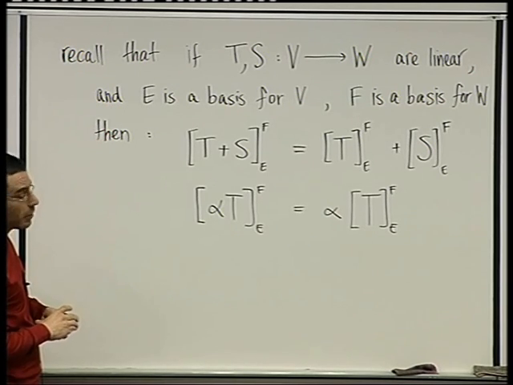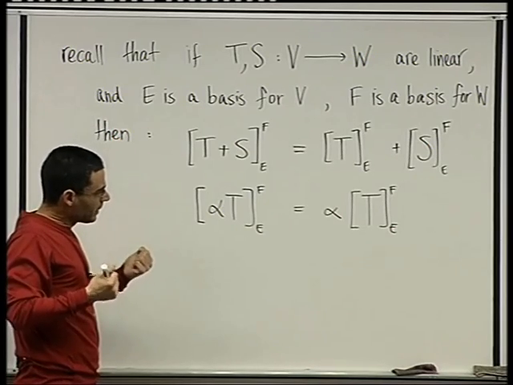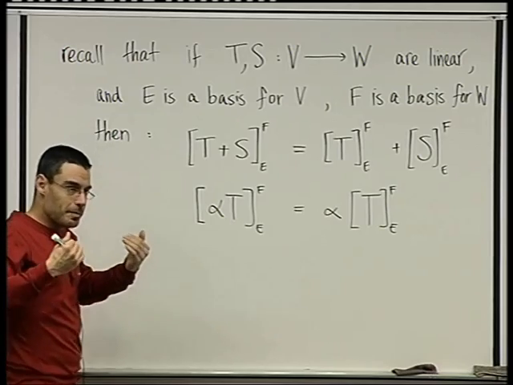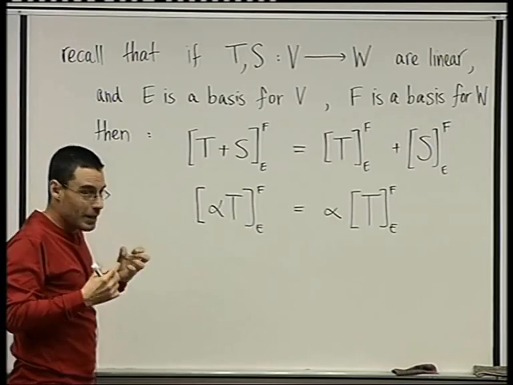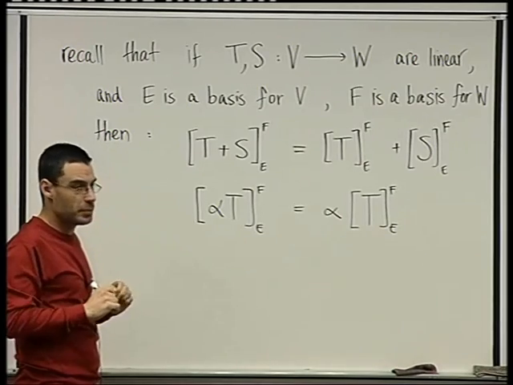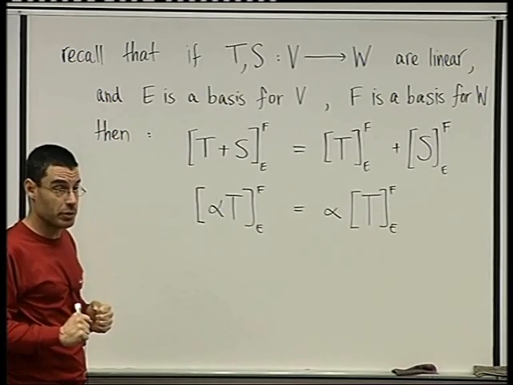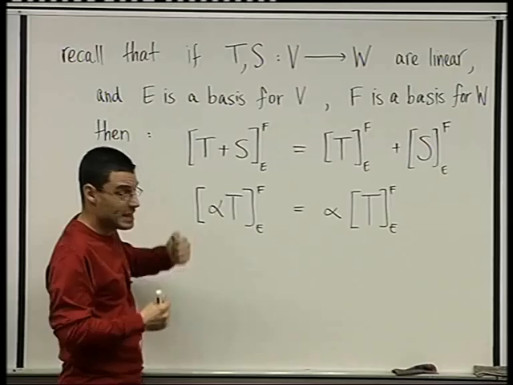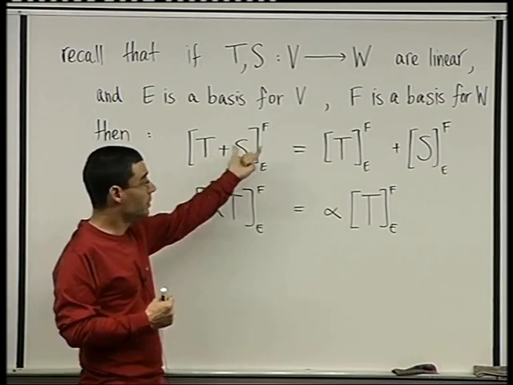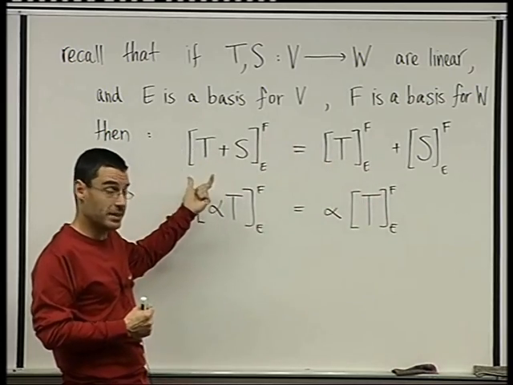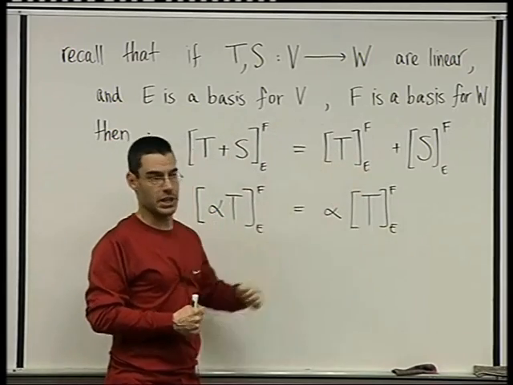Let's think of it for a minute. Okay? This requires being one step further in your mathematical thinking. Okay? It's in a sense abstract, but I think you're ready for it. I really think you're ready for it. So the statement is that the map that takes linear transformations to matrices is a linear map.